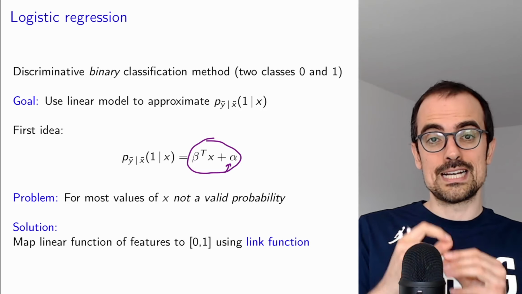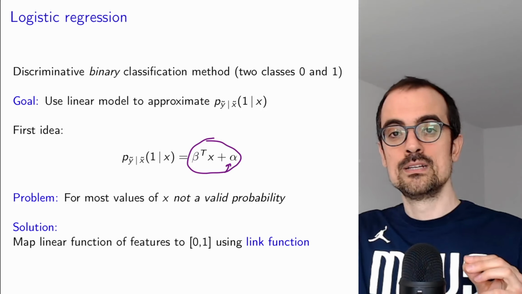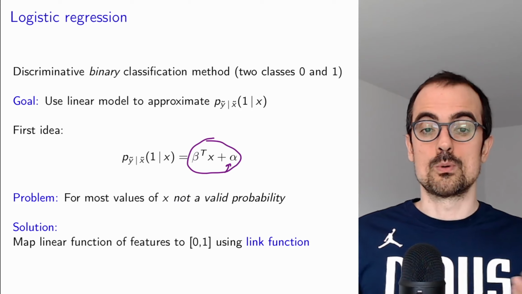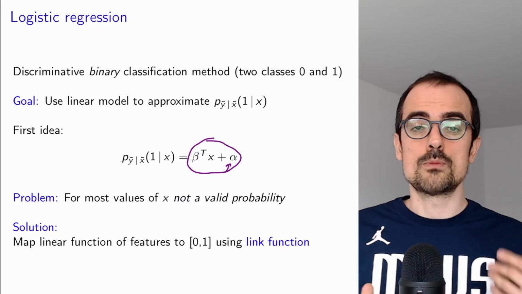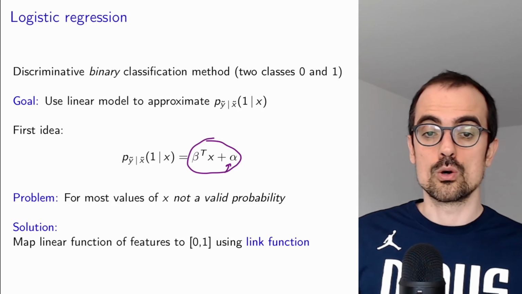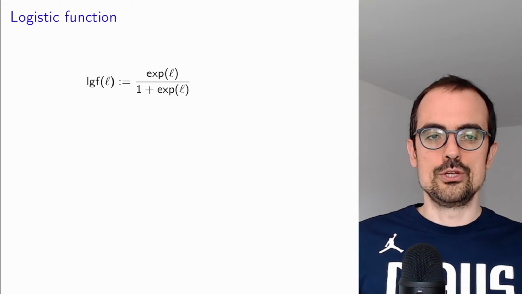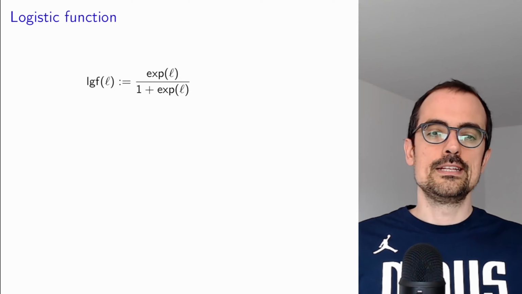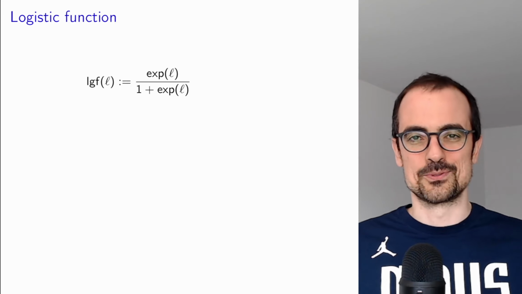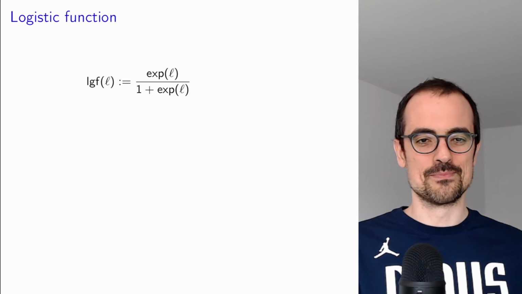We're going to use an additional function that is going to map that to probabilities. In statistical modeling, those functions are often called link functions. The link function that we use in logistic regression is called the logistic function. That's where the name logistic regression comes from.